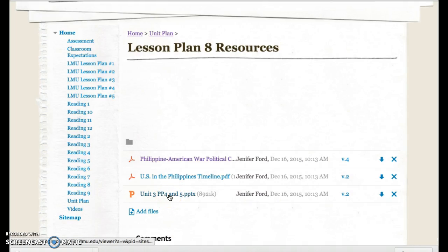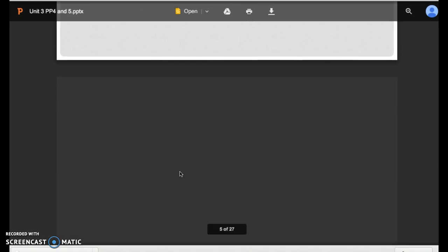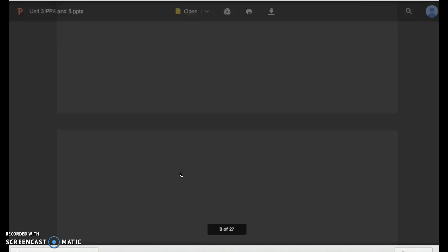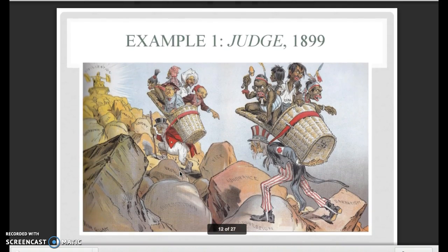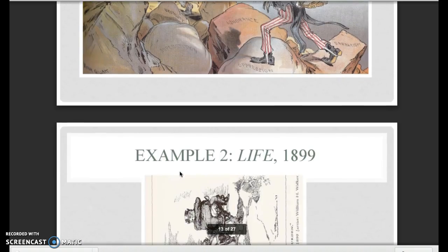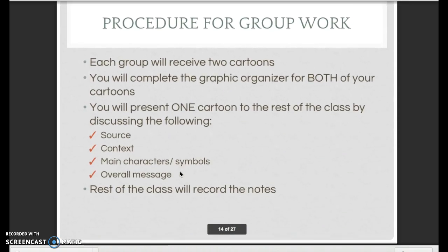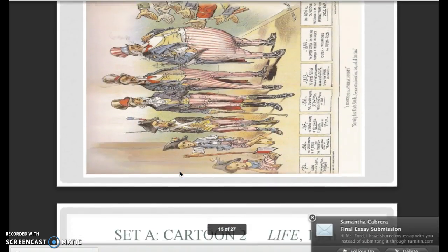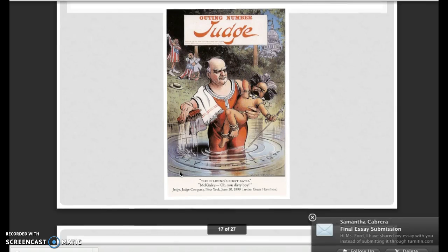And here are the political cartoons. They were analyzing each of these political cartoons, and I find political cartoons to be really interesting to analyze. And I think this was a really successful lesson for my students.